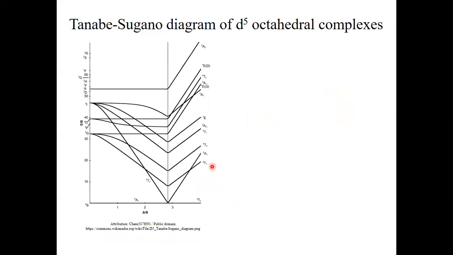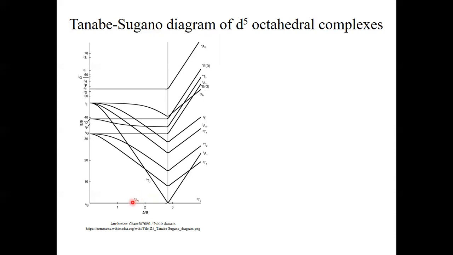Okay, now what about the D5 octahedral complex? Also for the D5 octahedral complexes, we can have high spin and low spin complexes. In case of a high spin complex, we have a sextet term as a ground state. And in the case of a low spin complex, we have a doublet term as the ground state.